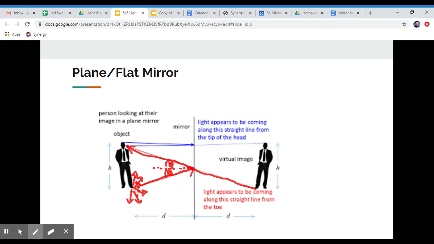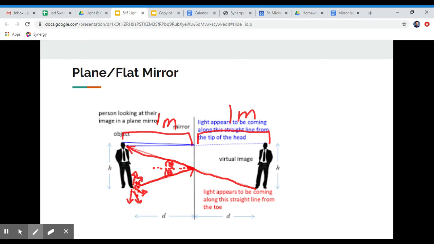So that is why when we look into a mirror, it appears as if there is somebody who is us exactly the same distance away. So if we're 1 meter away from the mirror, it appears as though our image is also 1 meter away from the mirror. Okay, and we call this a virtual image.